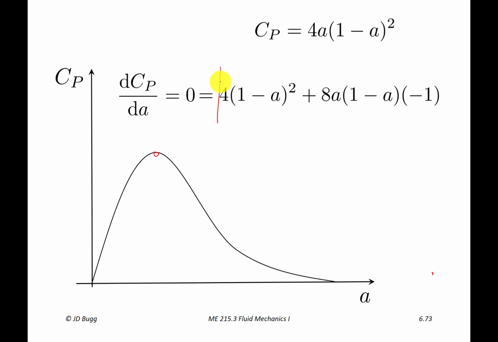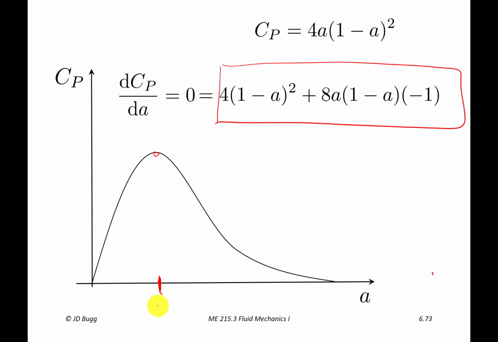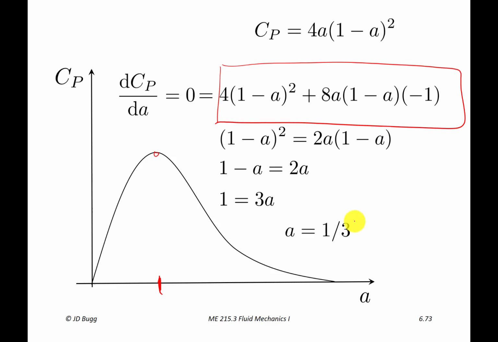So just working with this and solving for A to find out what the value of A is right there. That gives us (1 minus A) squared equals 2A times (1 minus A). Divide both sides by 1 minus A, and we quickly find out that the optimum value of the axial induction factor is 1/3. So this value of A is 1/3.